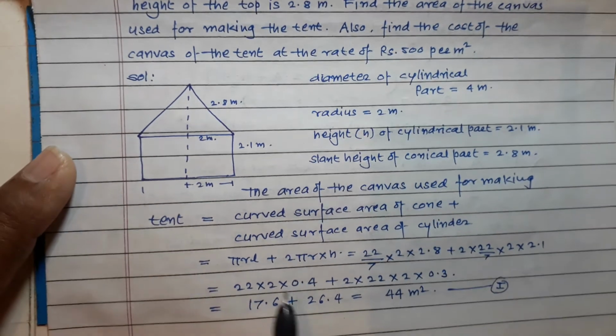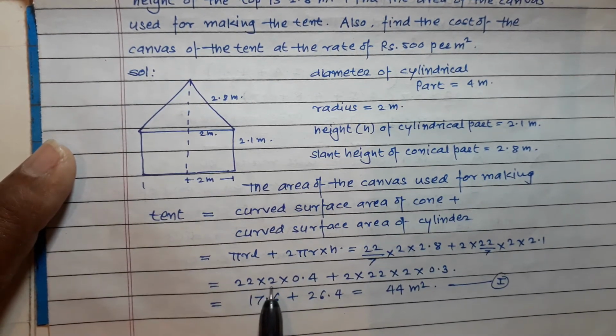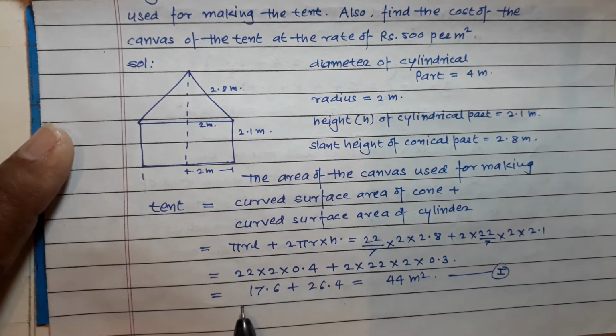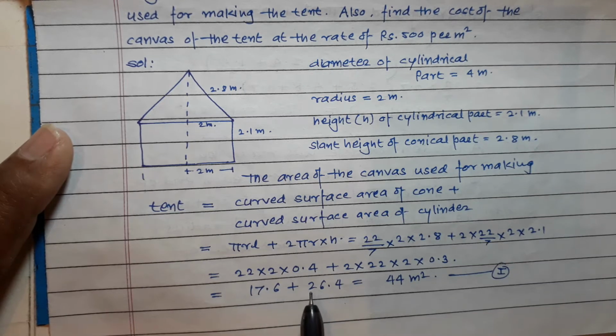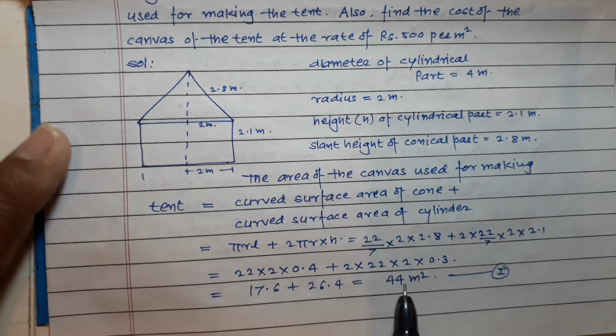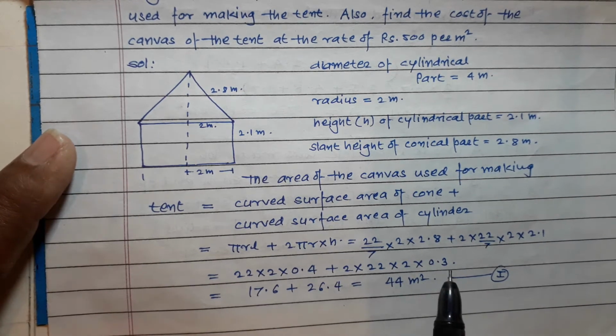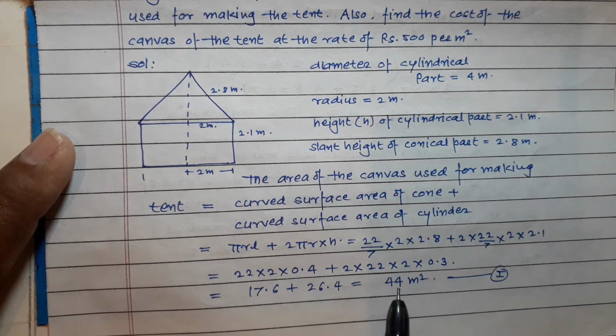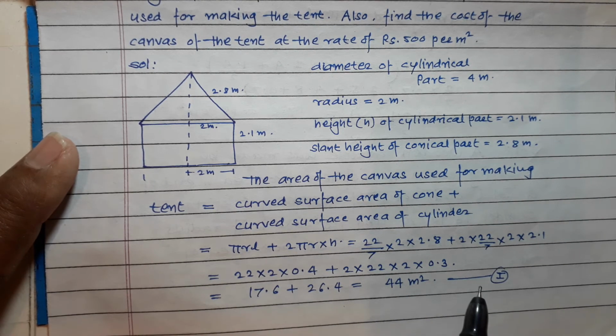If you simplify this, you will get 22 into 2 into 0.4 plus 2 into 22 into 2 into 0.3, and then simplify 17.6 plus 26.4, so it is equal to 44 meters square. So the area of canvas is equal to 44 meters square.